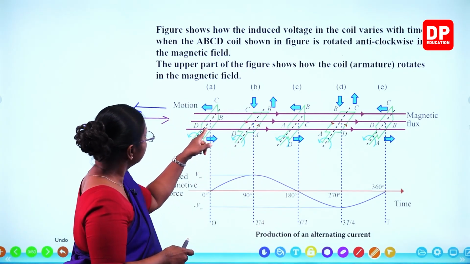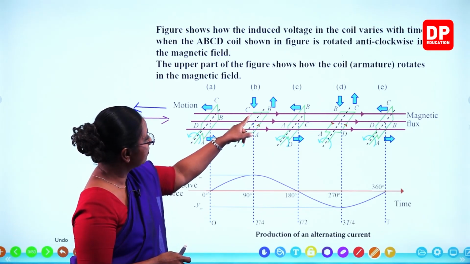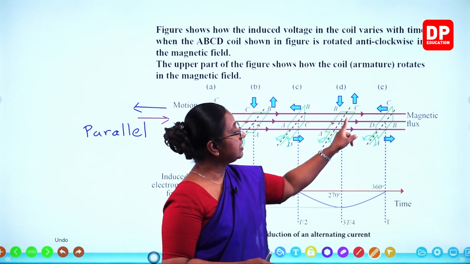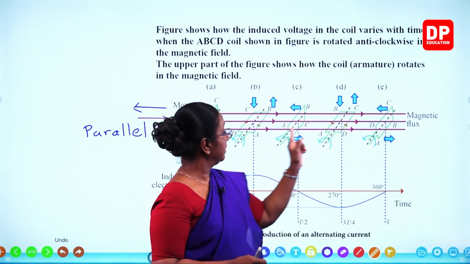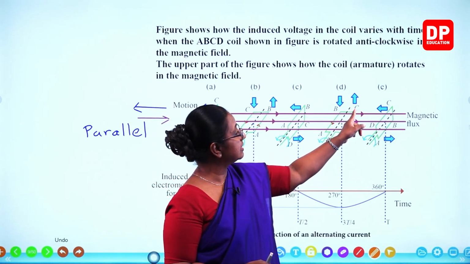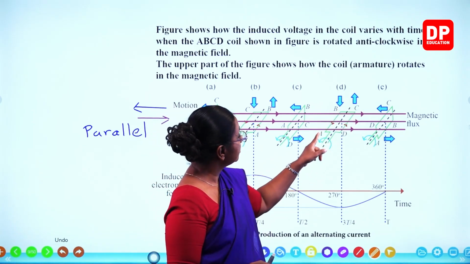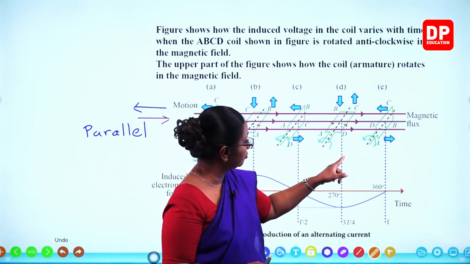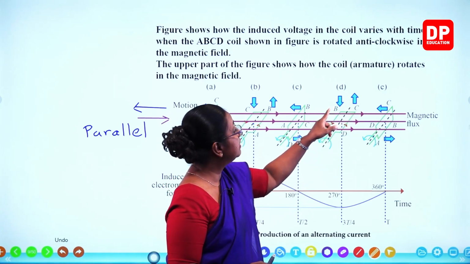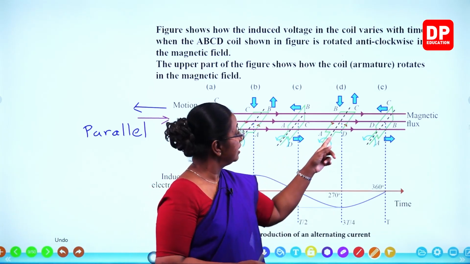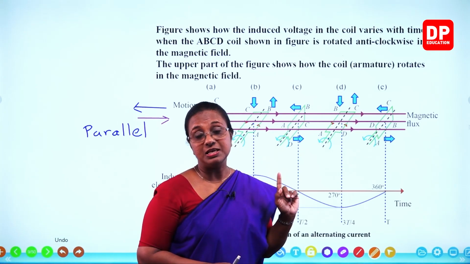Now earlier current flow through CD was outwards. Now it is in the direction DC. Here it was CD. Now it is DC. Then on this side it is BA. So the current flow is going to be DCBA now. Earlier it was ABCD, now it is DCBA.